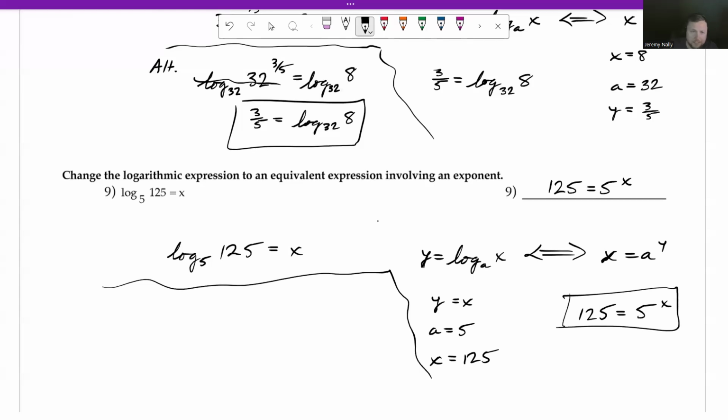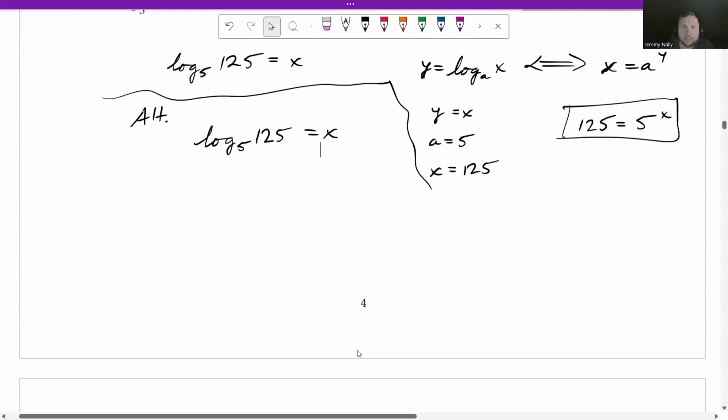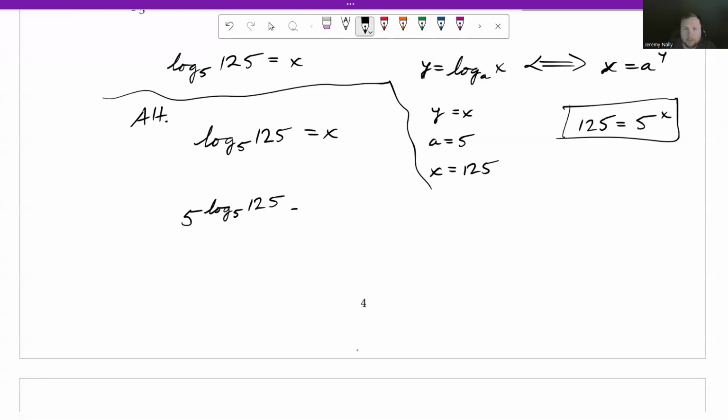And then again, I'll just show that alternative approach. If I start from here, the way that we cancel out the log is to write each side of the equation as an exponent on some base. In this case, since that's log base 5, I'm going to do 5 to the log base 5 of 125 is equal to 5 to the x.